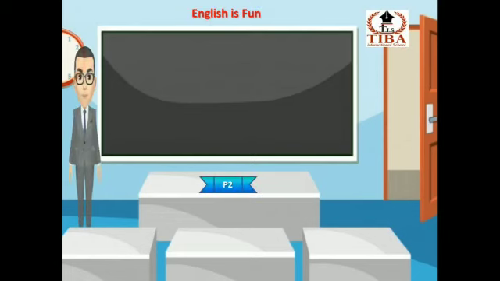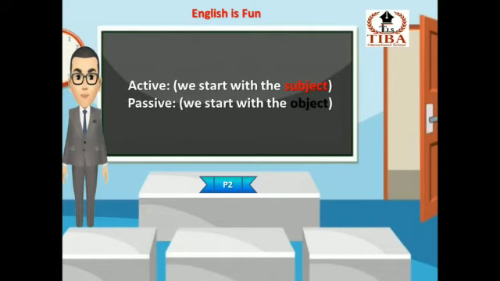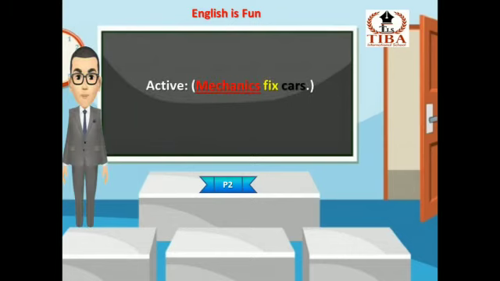In the normal active sentence, we start with the subject of the sentence. On the other hand, we start with the object of the sentence when we change into the passive form. For example, this active sentence here, mechanics fix cars.